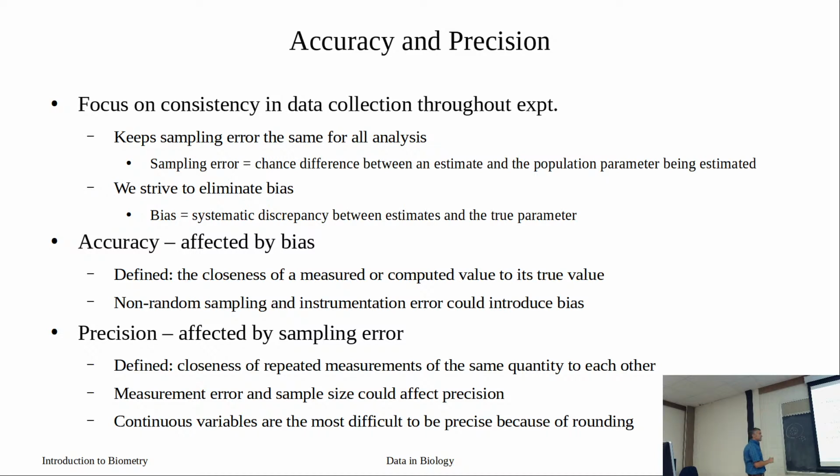Precision is affected by our sampling error. Precision is the repeatability of our data collection. On our graph, precision refers to the spread of our data points. In this case, we are highly precise. So that group, this is precise, and we are accurate.